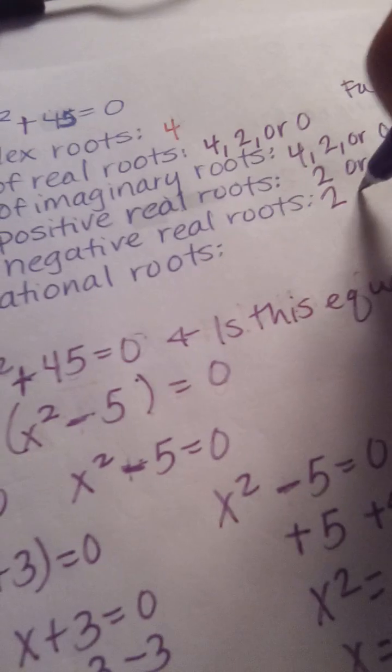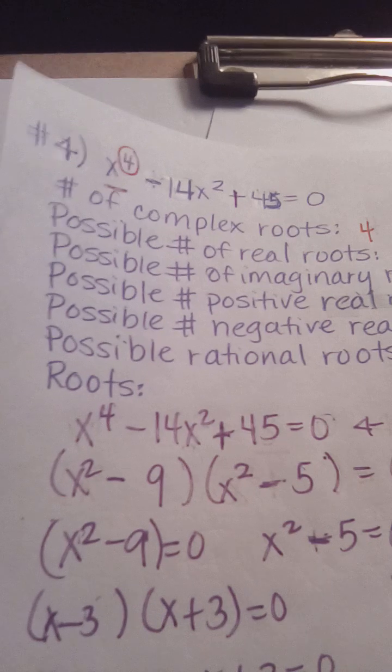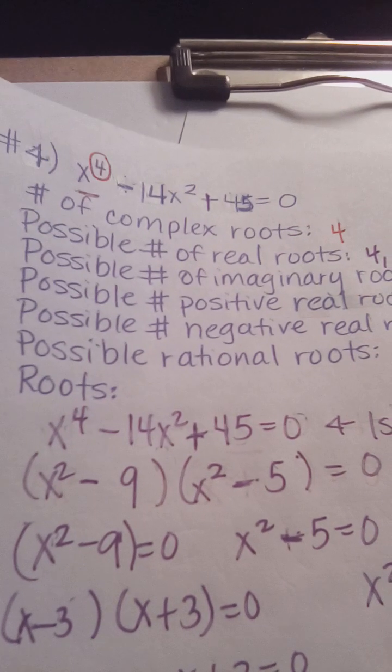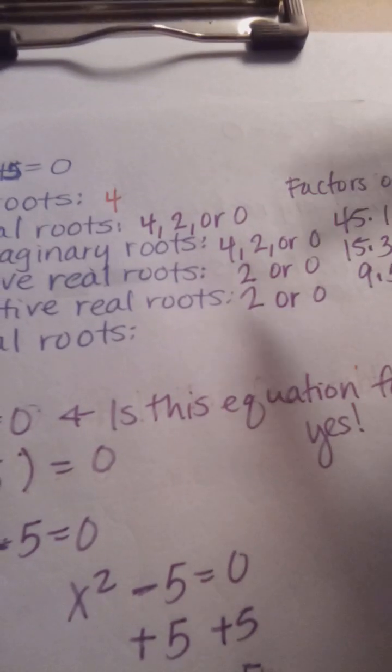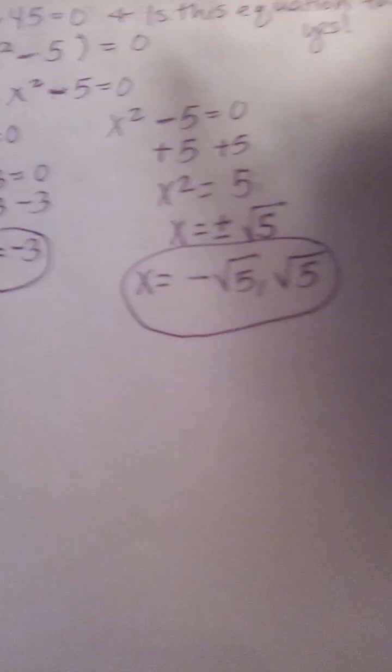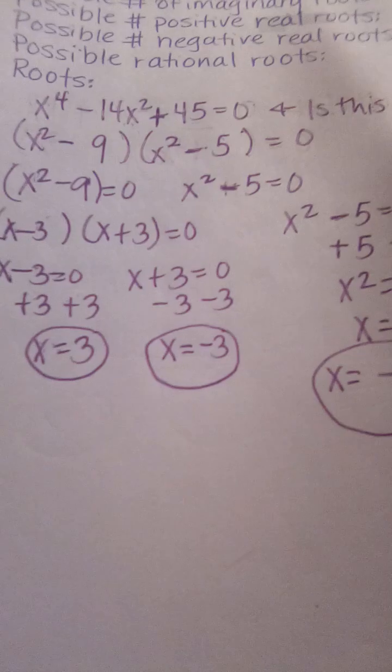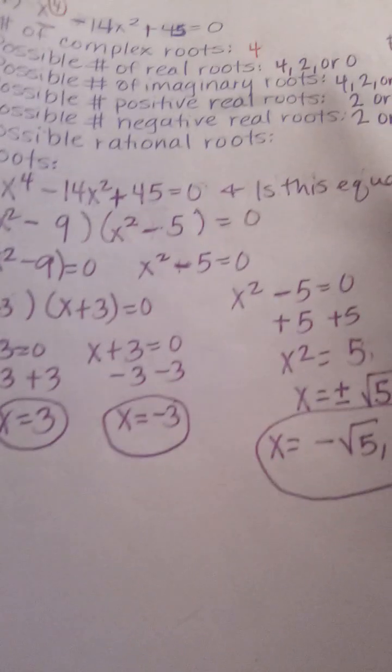All right, 2 or 0 on the possible number of positive real roots and negative real roots. So those are 2 or none. Okay? So far everyone's up to date.